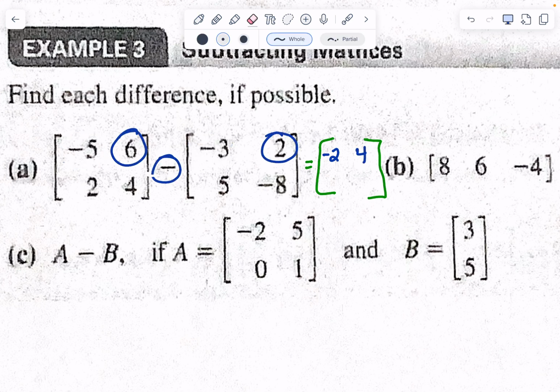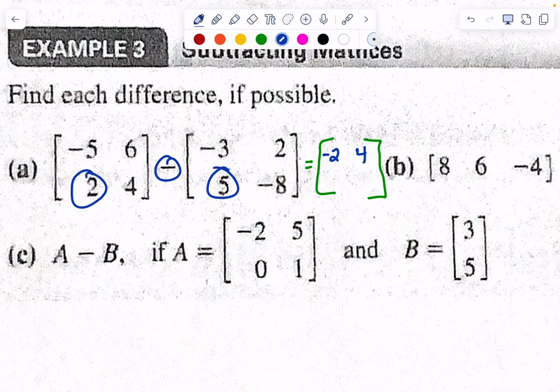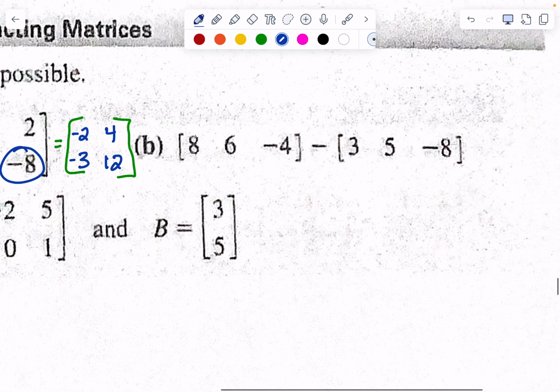We've got 2 minus 5, -3. And then we've got 4 minus -8, so 4 plus 8, which is 12. That's what it ends up being. Go a little bit slower on the minuses because it's kind of crazy.